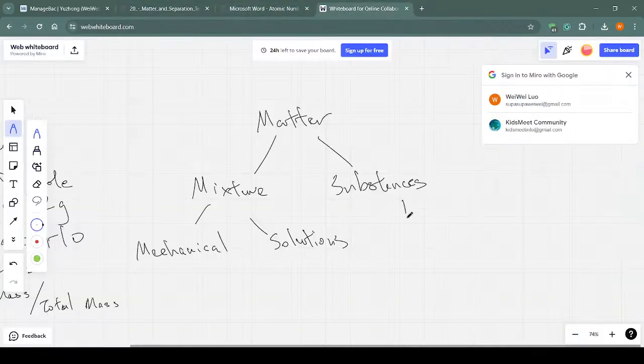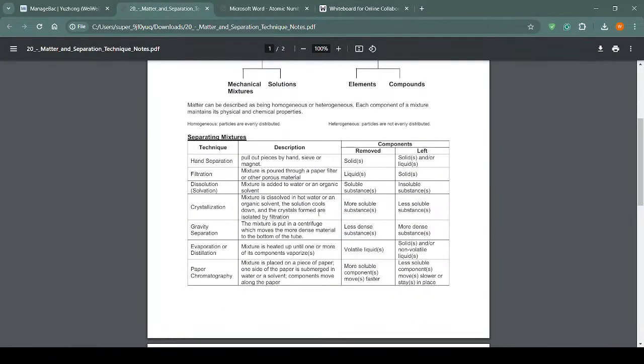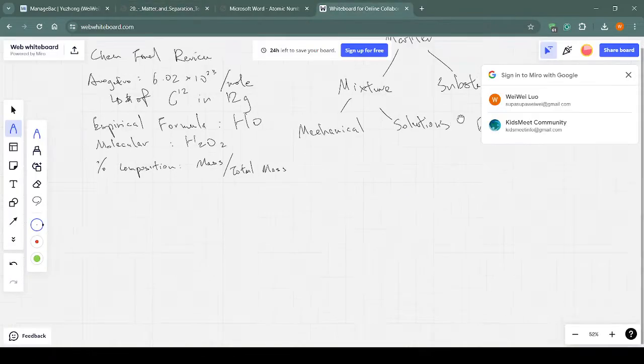Elements and compounds. Okay, so just more than one element basically. Separating mixtures.